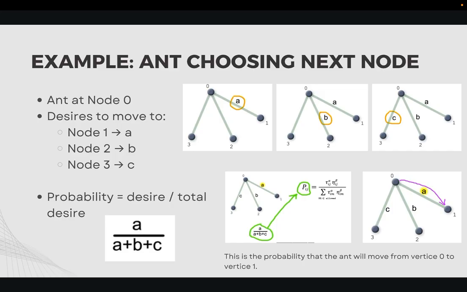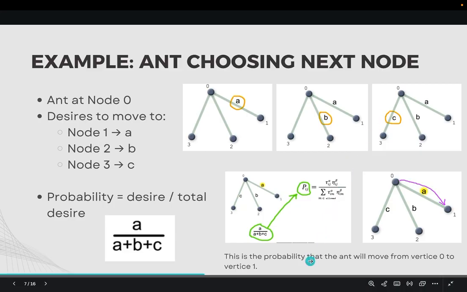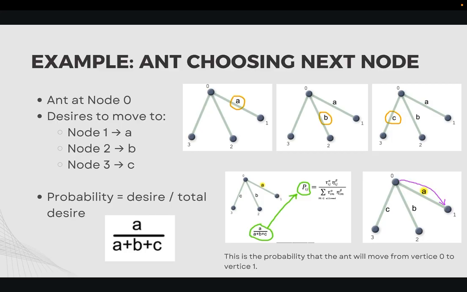Now let's look at a simple example of how an ant decides which node to move to next. Here the ant is currently at node 0 and it has three possible choices. Node 1 with desired value A, node 2 with desired value B, node 3 with desired value C. The probability of selecting any node is calculated as the ratio of desired value over the total desire of all available nodes.